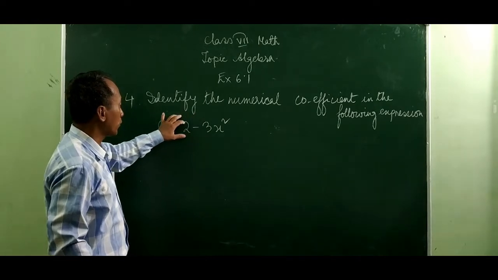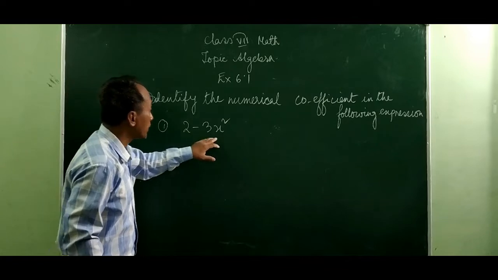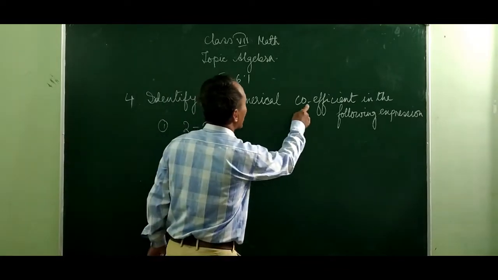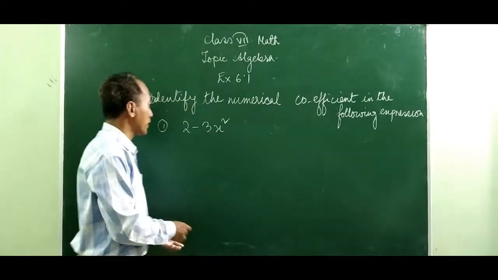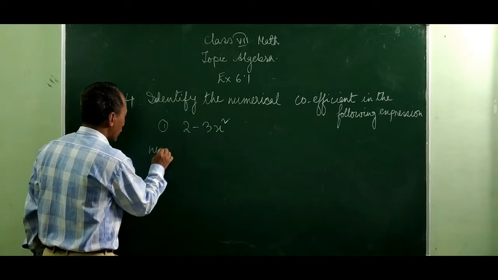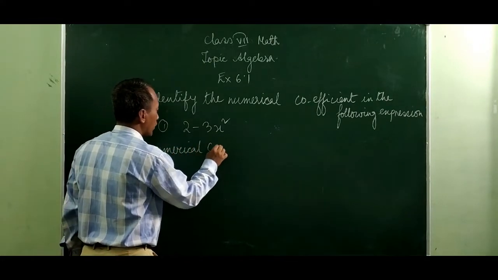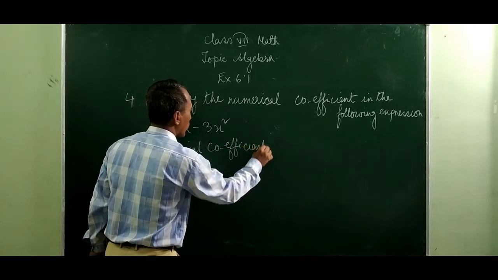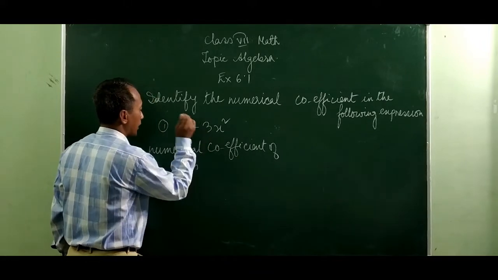So you have to find the coefficient of this variable, but you have to find out the numerical coefficient. So numerical coefficient of x square is minus 3.